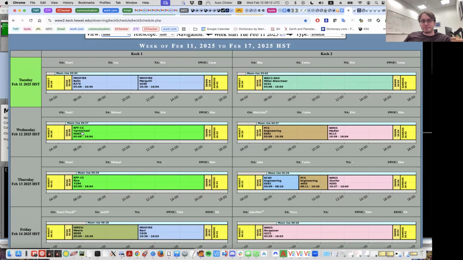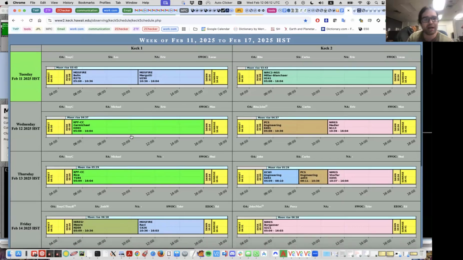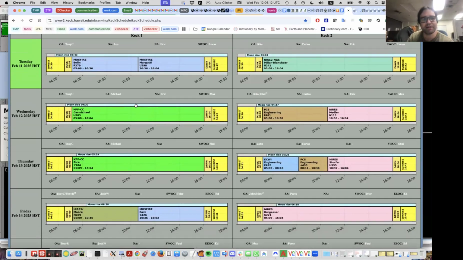Yeah. And then tomorrow night, they're using the Keck Planet Finder, which is a high resolution spectrograph. That's visible, but they're looking at very bright targets, so even in the full moon brightness, it doesn't affect them that much. On Keck II, I don't know what the exposure is, but NIRES is a near infrared spectrograph.